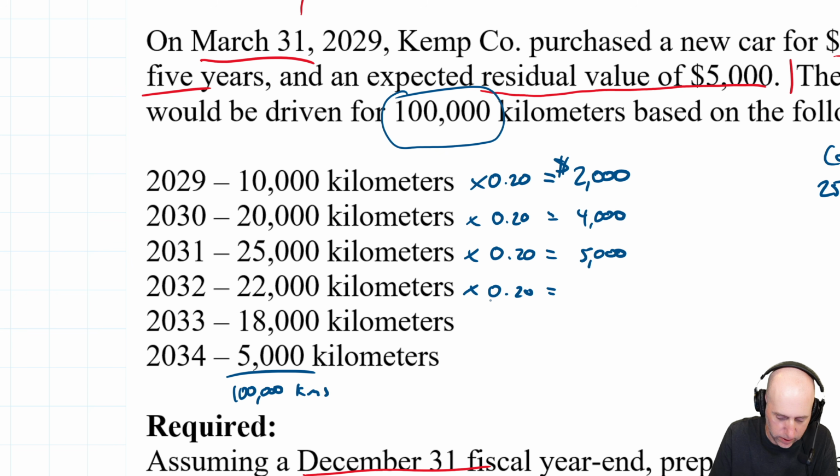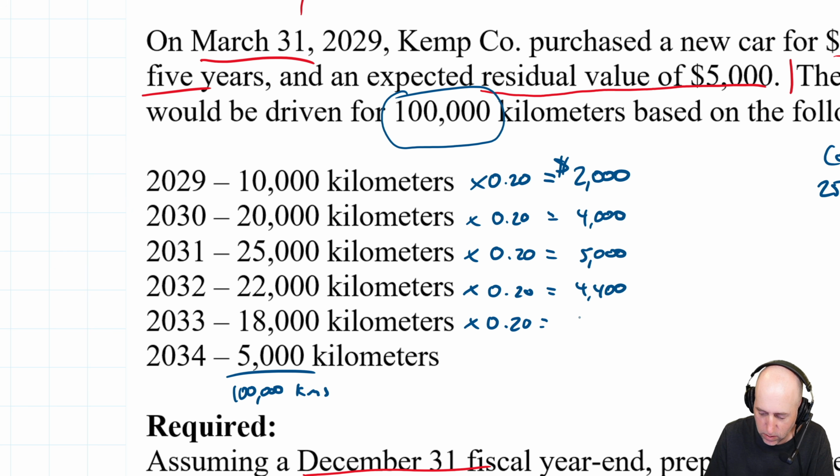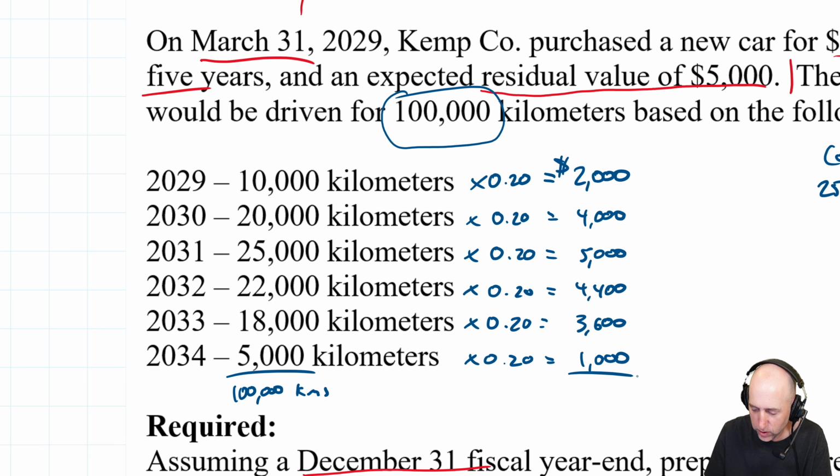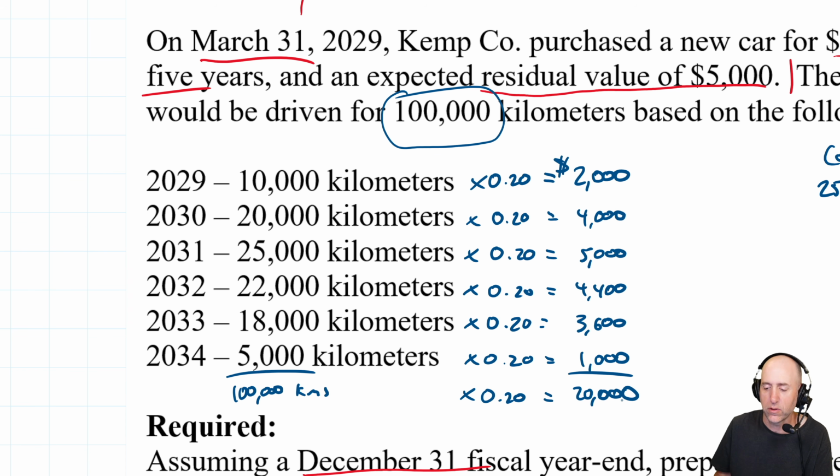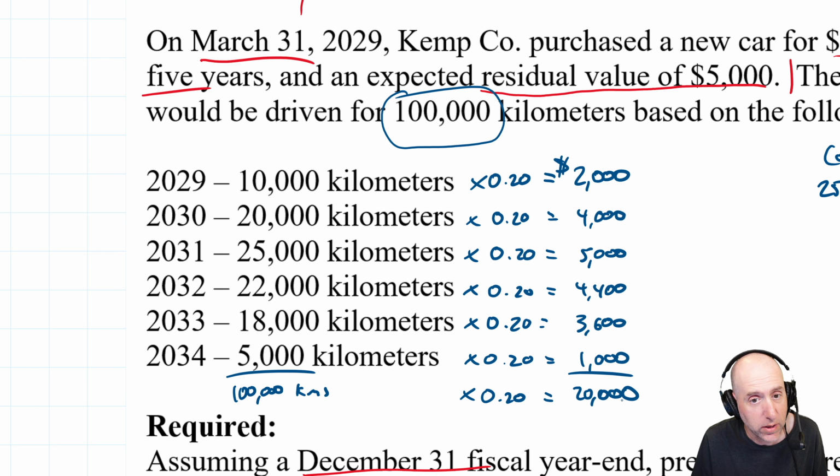The next year, driving a little less, it's $4,400. 22,000 times 0.2. 18,000 times 0.2. 3,600. And 5,000 times 0.2 is 1,000. So the total here, and you can also do the math across, but the total here is going to be $20,000 in depreciation.